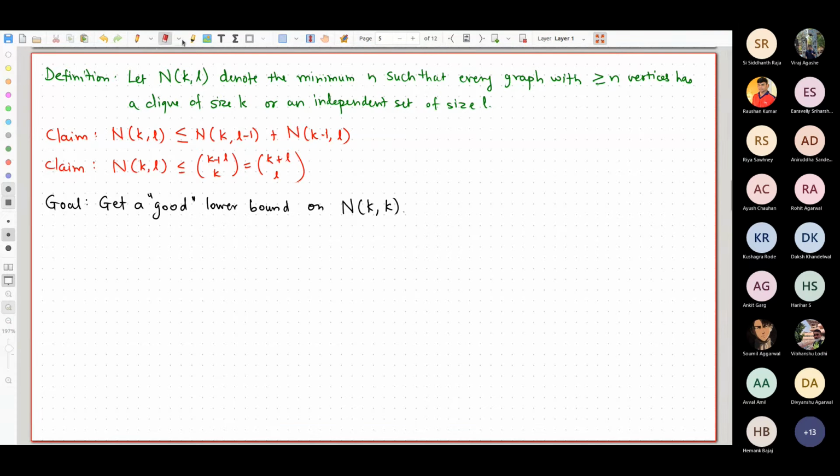By the way, let us quickly also see what is an upper bound on n of kk. So n of kk is going to be less than or equal to 2k choose k, which is less than or equal to any reasonable upper bound on this, which just involves a constant number of usual mathematical operations.